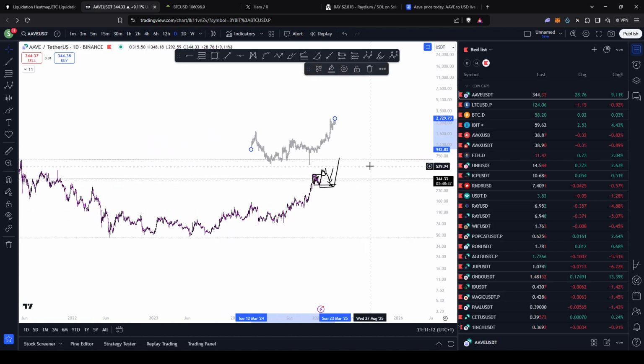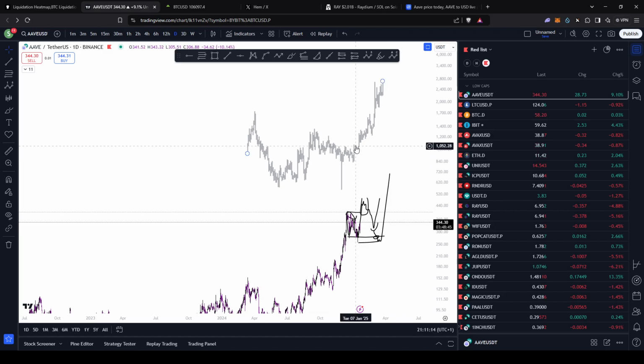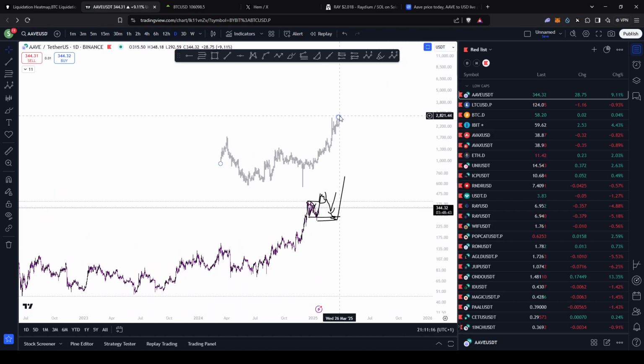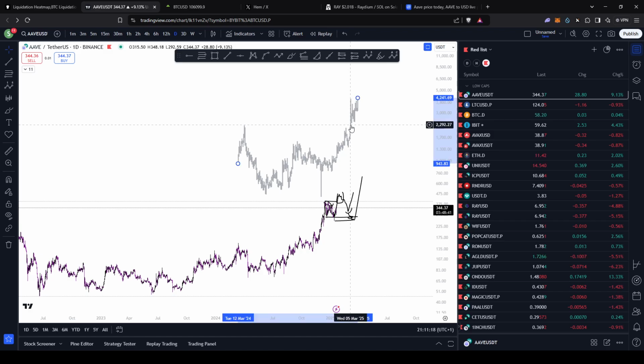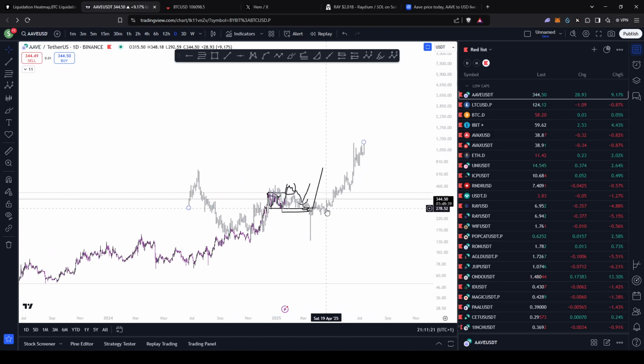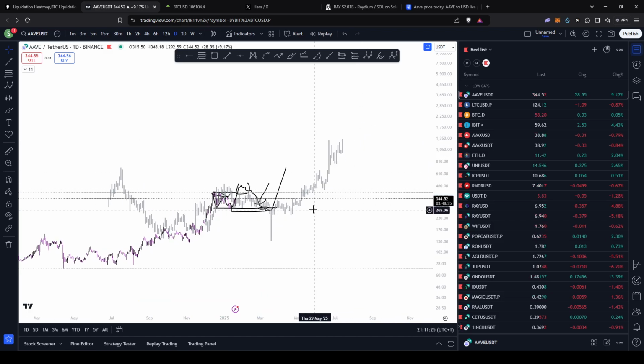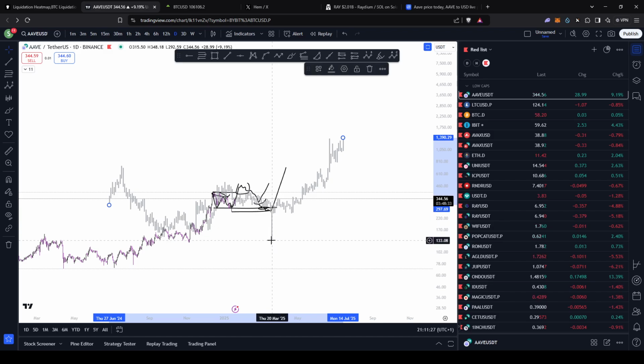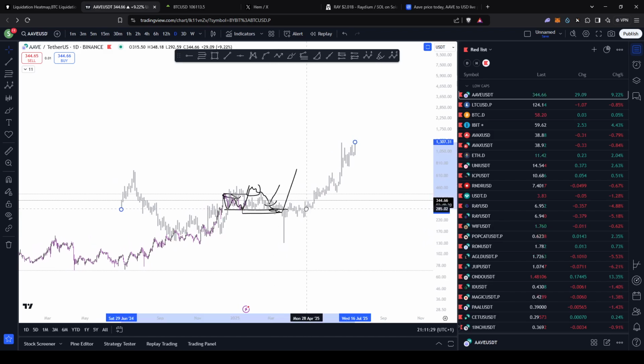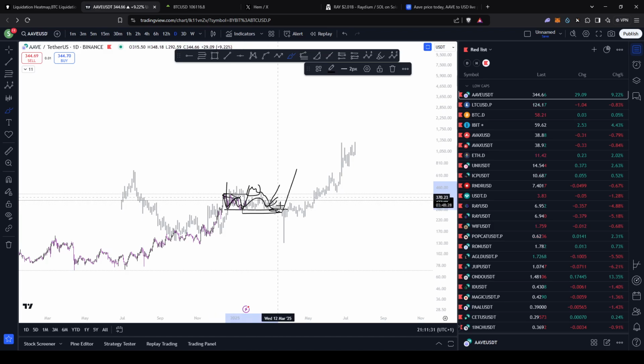We take this and we flip this. You basically look at this. Consolidation. I guess not that type of liquidity sweep, but overall structure wise, that's what you're looking for.